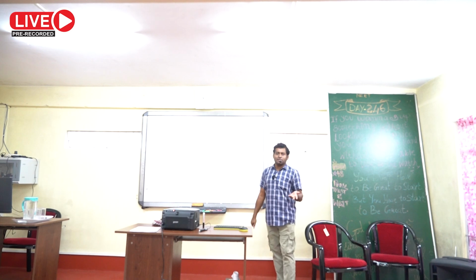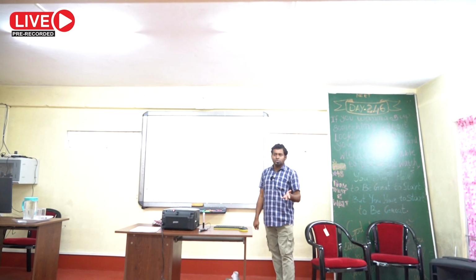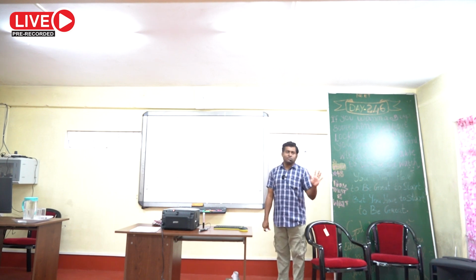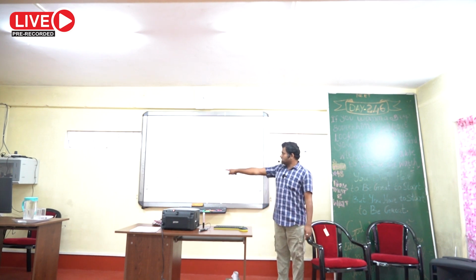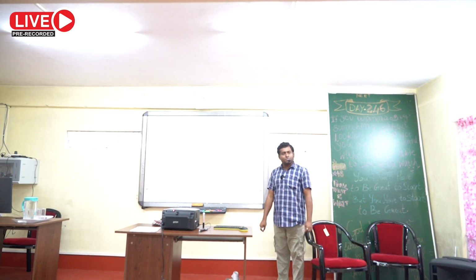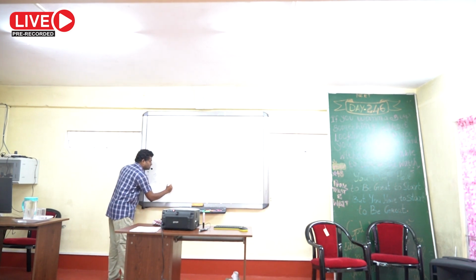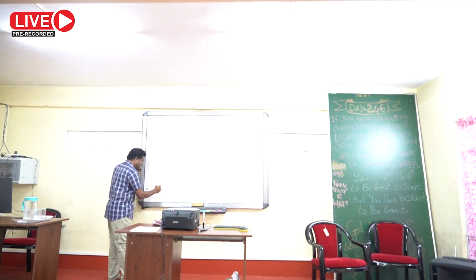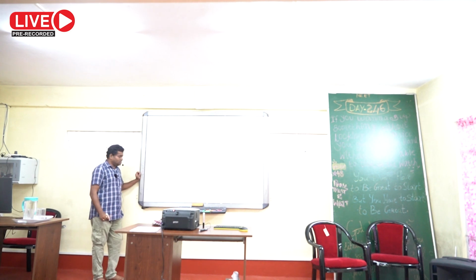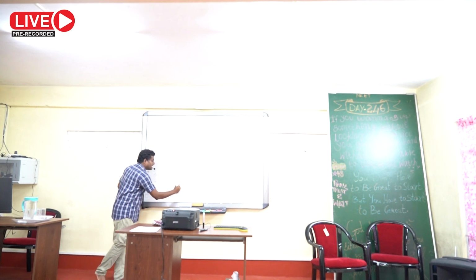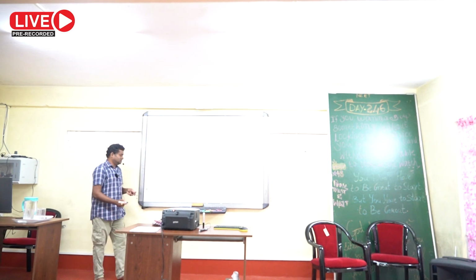Because when omega changes, 2 pi cannot change its value. When f changes its value, then only omega will change its value. So that's why I write delta omega equal to 2 pi delta f. So this will be into Tn divided by 2, which equals n pi. So this 2 will cancel, pi will cancel.